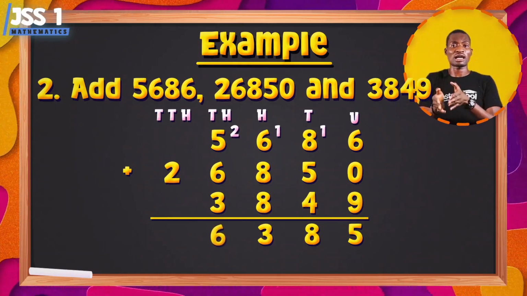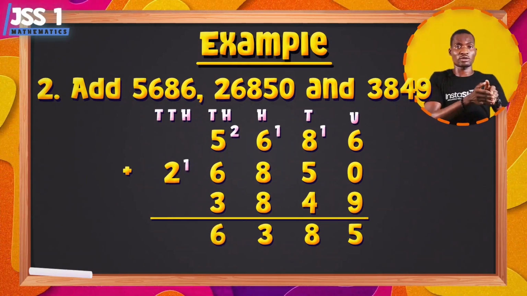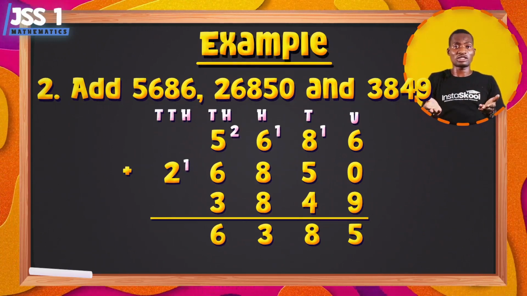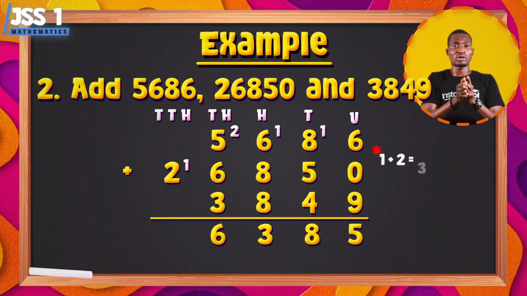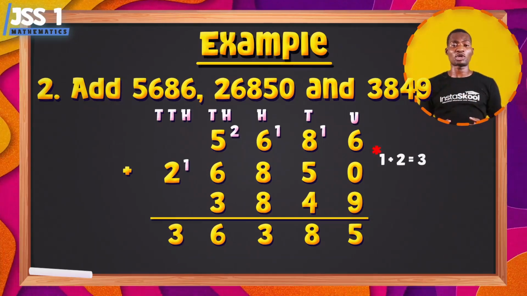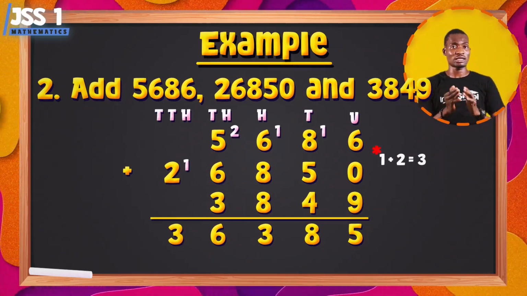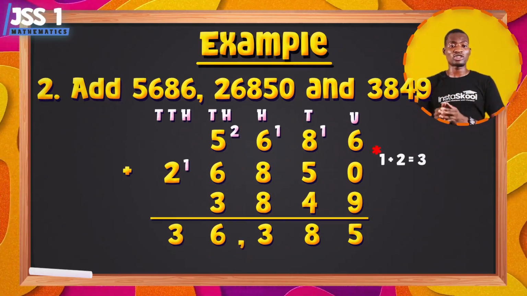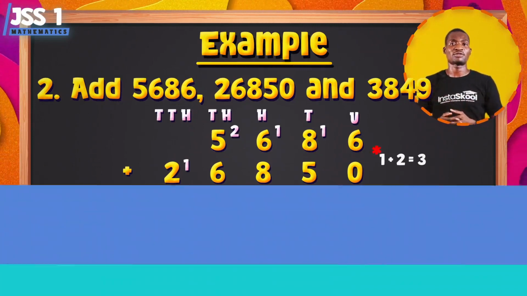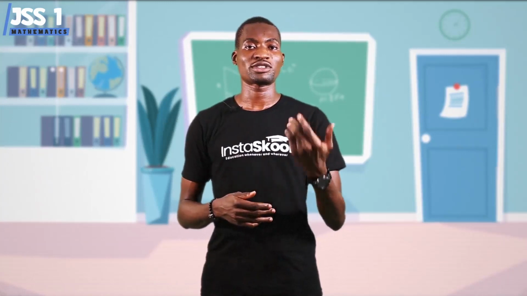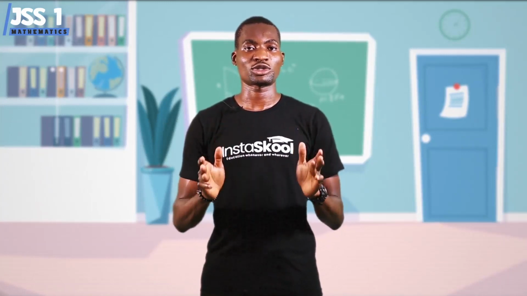You write 6 there, and then move the 1 to the next column. And then you finally perform the last addition of 1 plus 2. That gives 3. So your final answer becomes 36,385. That's right.